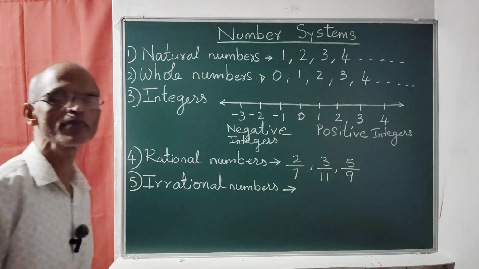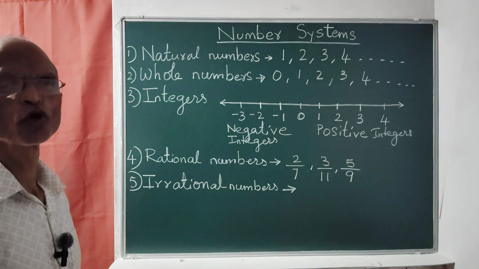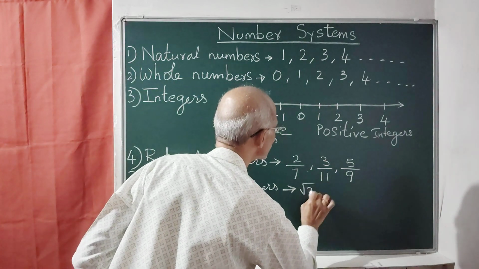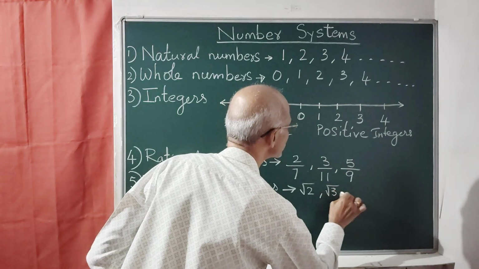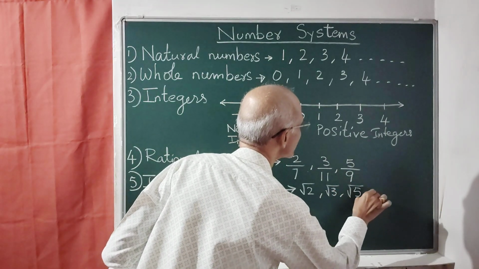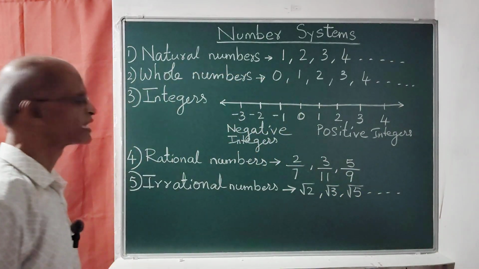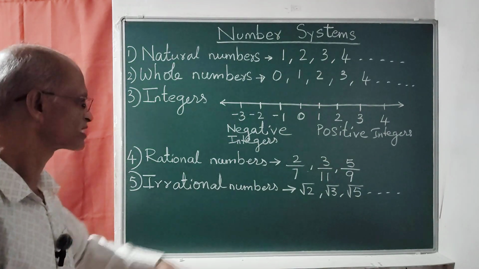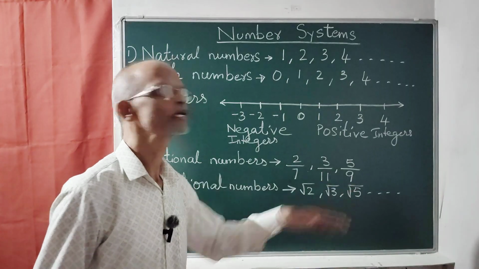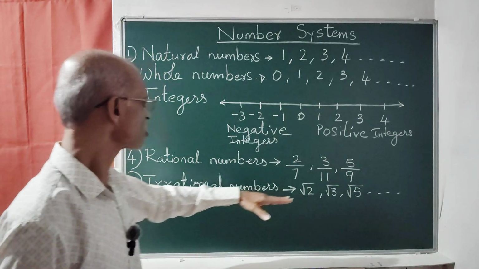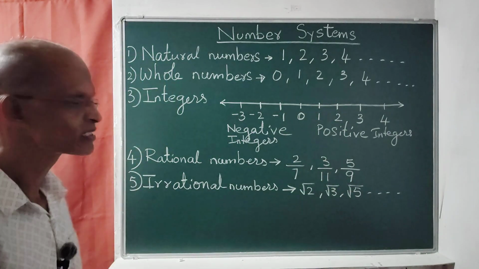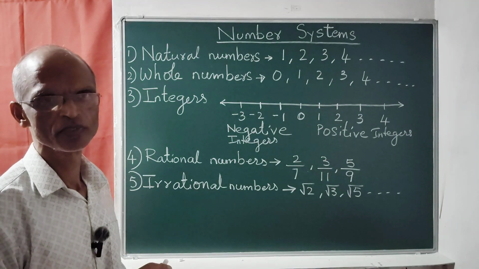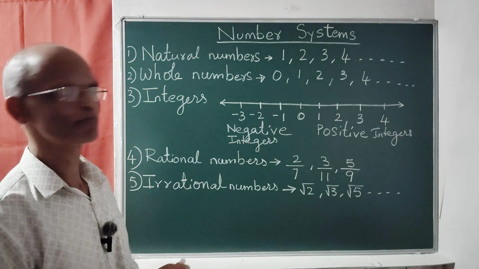These are numbers like √2, √3, √5, etc. So the fifth system of numbers is called irrational numbers, such as root 2, root 3, root 5, etc. These are called irrational numbers because they can't be written in p by q form.